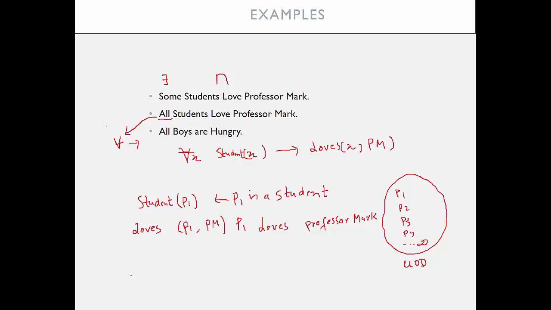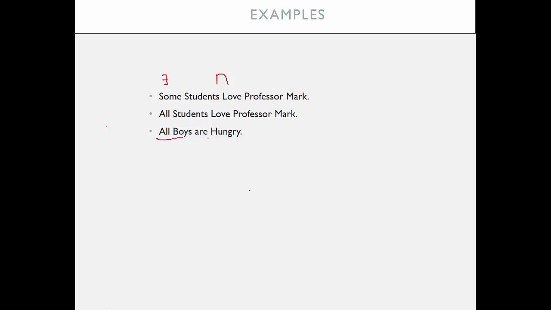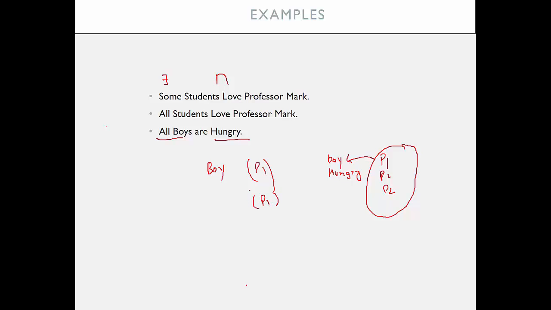Now let's solve this example: all boys are hungry. We have a universe of discourse that contains all people. If P1 happens to be a boy, then it's for sure that he is going to be hungry. So we know that we will have an implication. We represent it like this: P1 is a boy, and P1 is hungry.